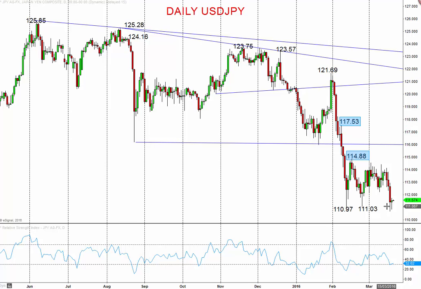The plunge lower since the FOMC to take out not only range supports but to take out these lows sets up a bigger picture, more bearish threat in here, with this whole intermediate term bearish theme from December last year intact, and particularly from this acceleration lower in early February. All of that leaves risks to lower targets 110.33, 110.00, and potentially much deeper correction risk into April, going through into April this year.